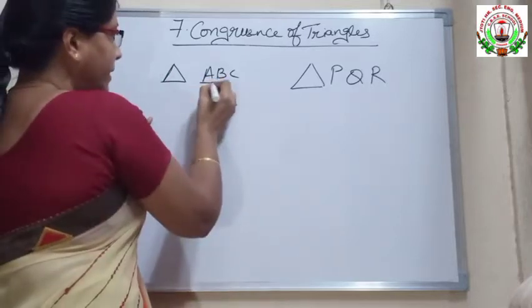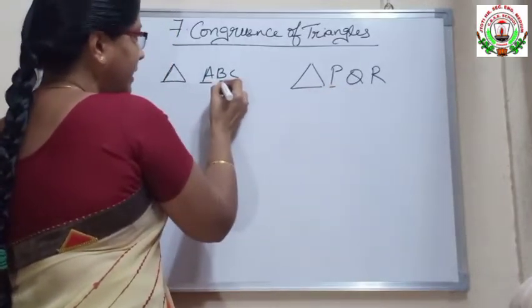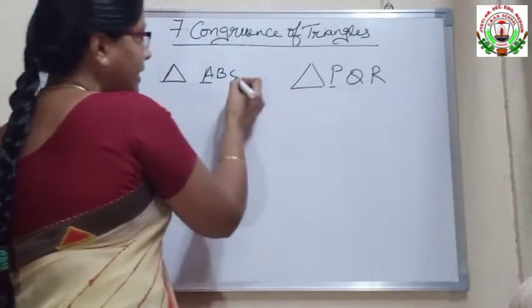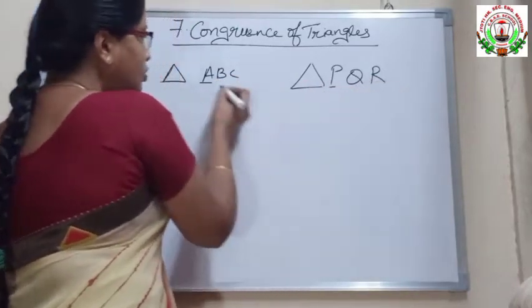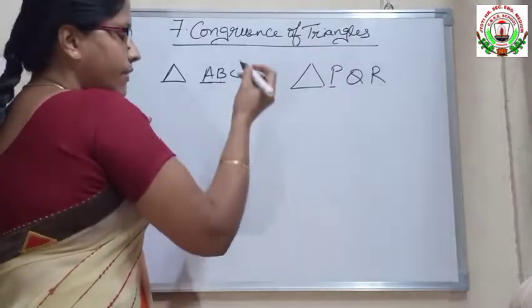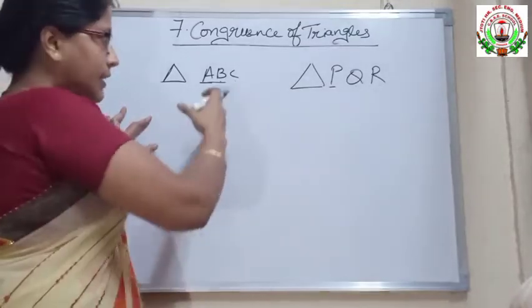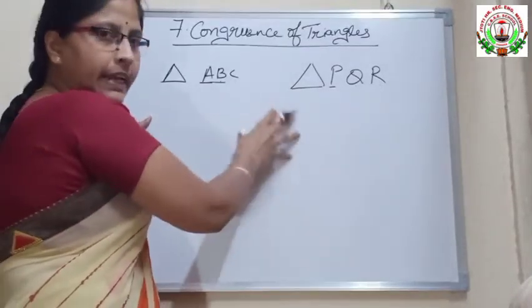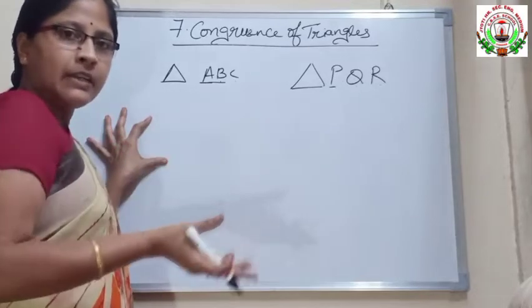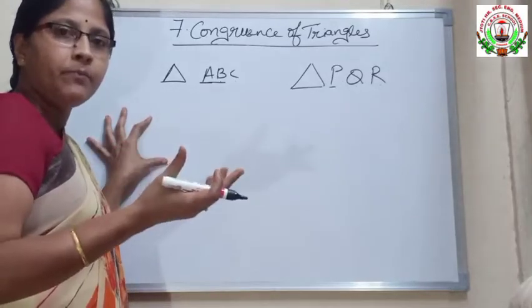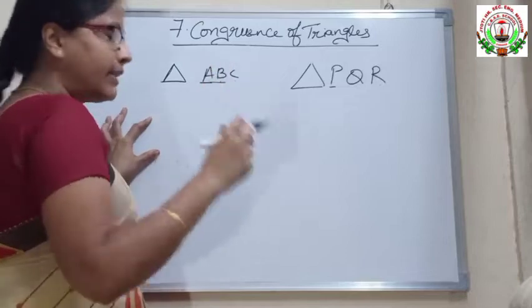See here, in the place of A, here it is P, in place of B it is Q, in the place of C it is R. After explaining it orally, I will tell you how to compare the triangles by drawing them.